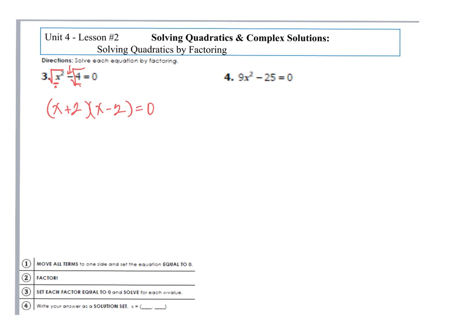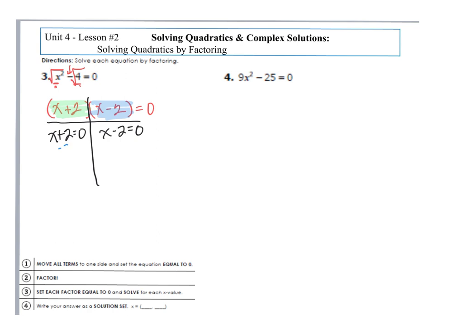To finish this off now, we have 2 separate factors. It looks a little bit different. When you take out a GCF, remember that looks like distributive property. When we factor with these other methods, we've got a FOIL situation. But these are each 2 separate factors. So I t-bar in between these 2 separate factors like so. I'm setting x plus 2 equal to 0, and I'm setting x minus 2 equal to 0 and solving for x.